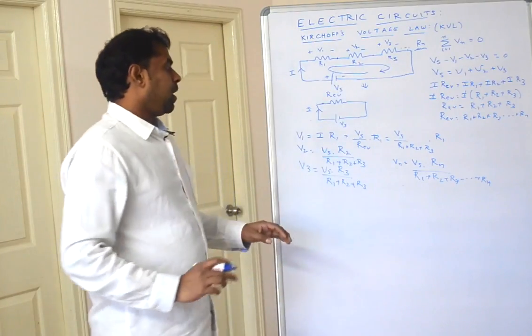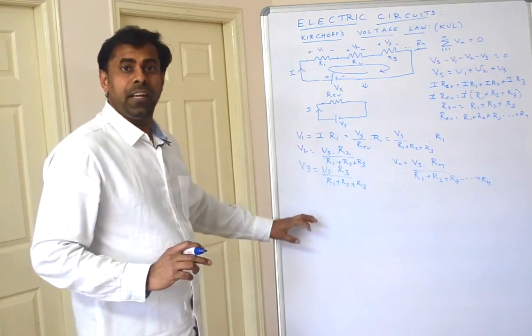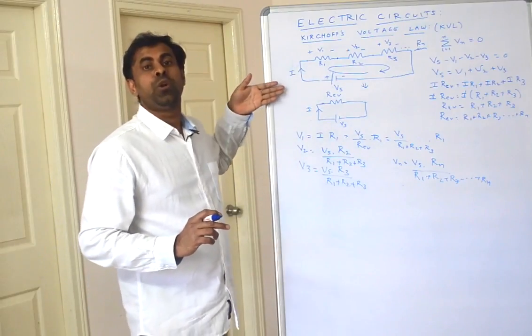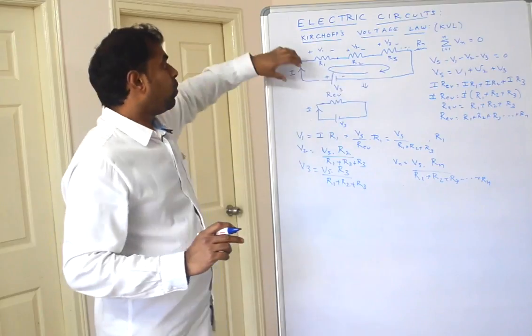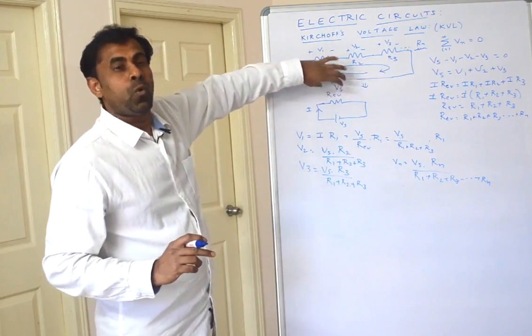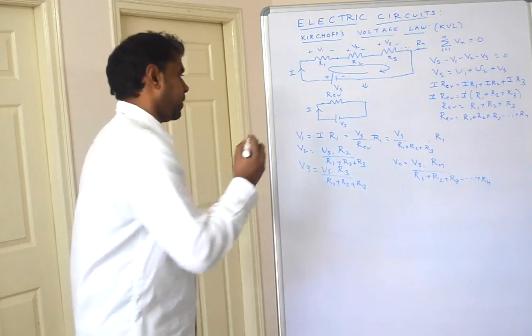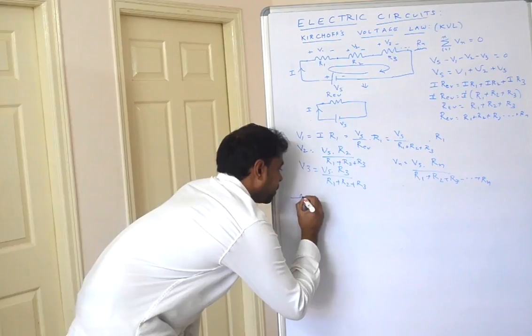Next, I am taking an example where we will find the current and voltages. Here voltage division is going to happen because the elements are connected in series. The voltage which is supplied, the input voltage, will be divided across the individual elements.